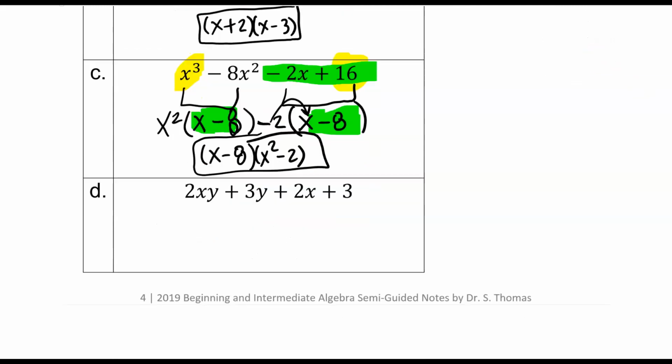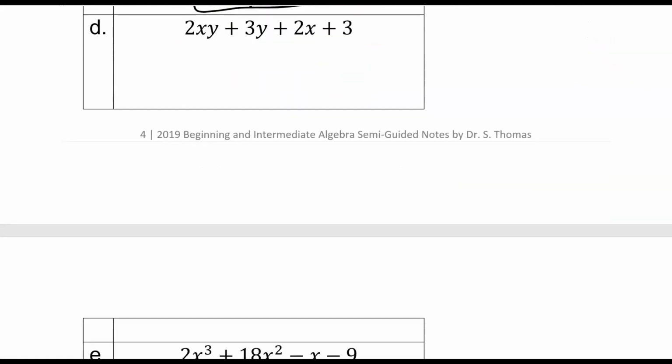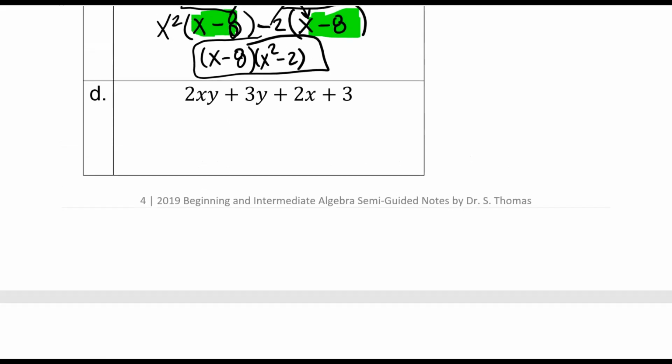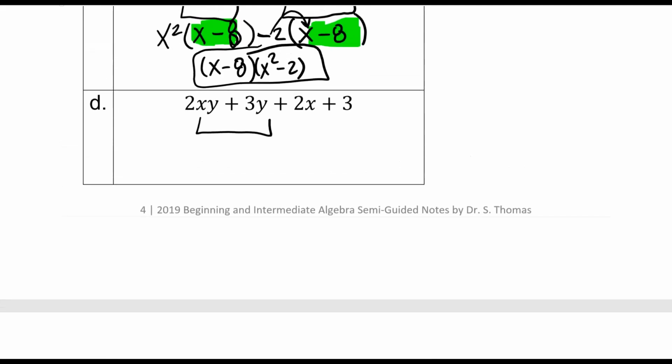All right, next we have 2xy plus 3y plus 2x plus 3. Let's look at this one. We definitely have a y in common, so that's y times 2x plus 3. And notice we already have a 2x plus 3 over here, but we have to take some type of factored out number there. So what would make sense to take out and put here?